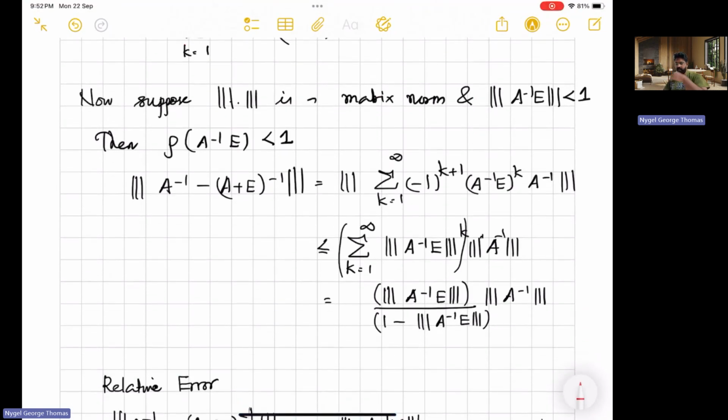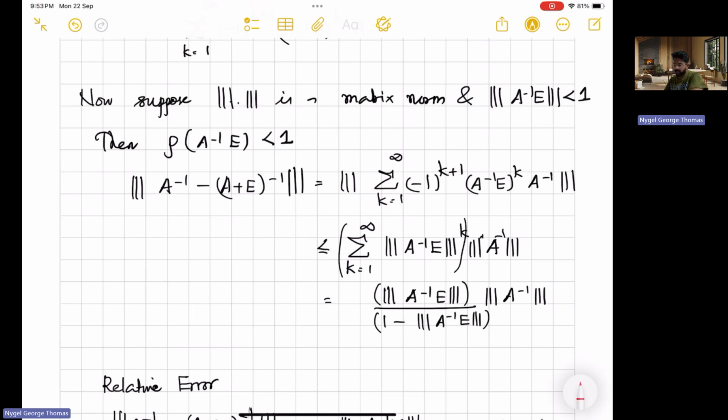Now we've already found an expression for the error. We know that the spectral radius is the biggest lower bound which you can have for a norm. So if rho of A inverse E is less than 1, suppose we have a matrix norm such that the matrix norm of A inverse E is also less than 1.